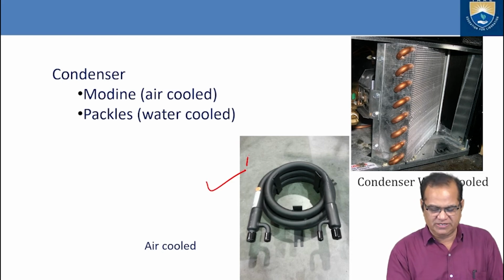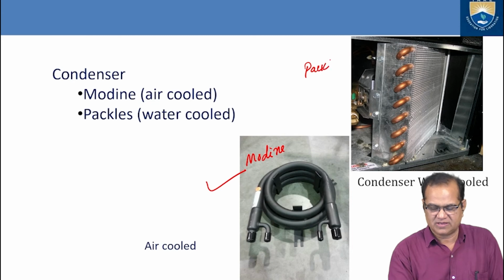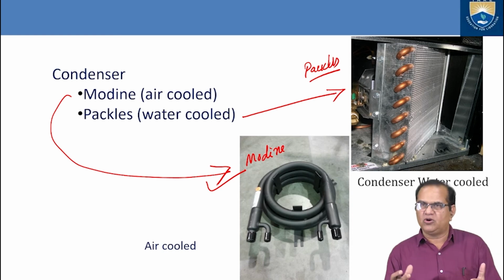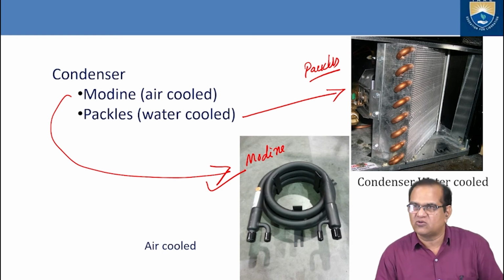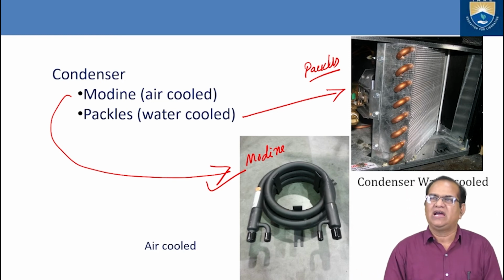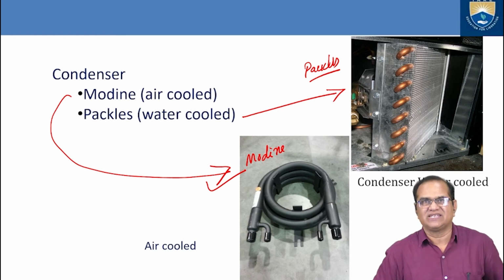This one is the Modine, and this one is Packel. Here we have water cooled, but in aircraft we use only air cooled, while in our vehicles, our cars or your home, we use the water cooled condensers.